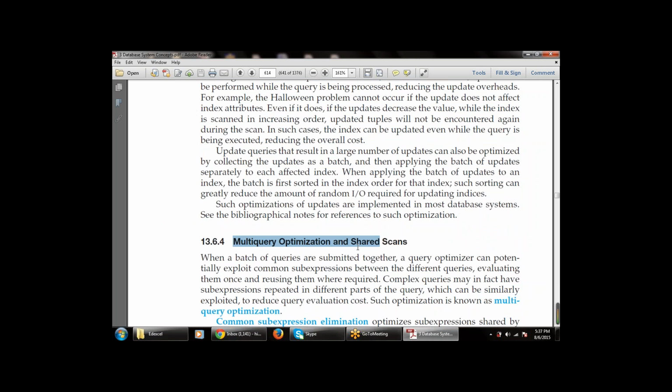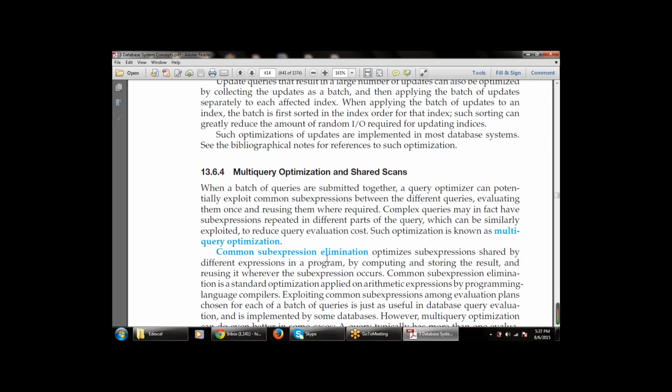Then next is multi-query optimization and shared scan. Whenever a batch of queries is submitted together, a query optimizer can potentially exploit common sub-expressions between the different queries, evaluating them once and reusing them whenever required. A complex query may also have sub-expressions repeated in different parts of the query, which can be similarly exploited to reduce the query evaluation cost. Such optimization is known as multi-query optimization.